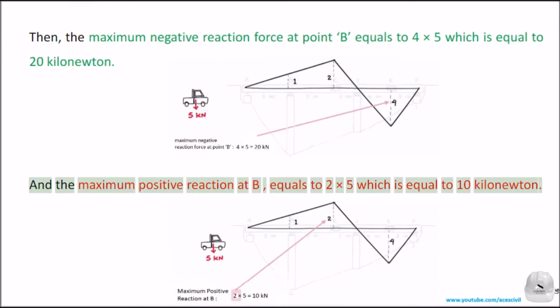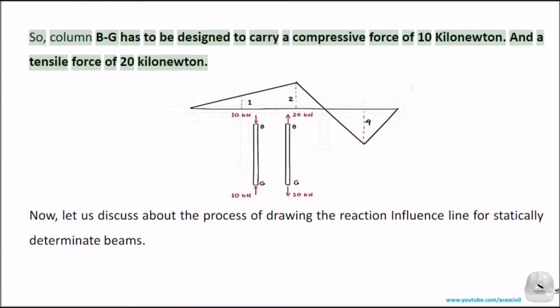And the maximum positive reaction at B equals 2 times 5, which is equal to 10 kN. So, column B has to be designed to carry a compressive force of 10 kN and a tensile force of 20 kN.